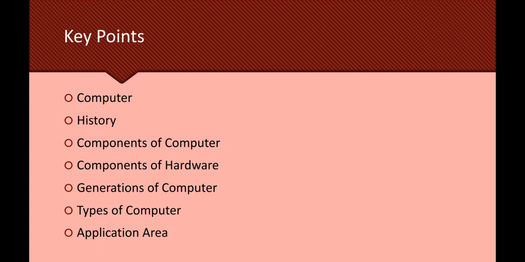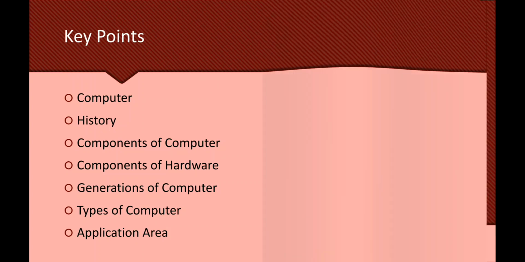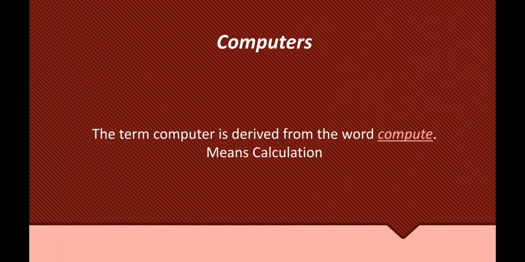So the first topic is the computer. Humans are born with intelligence, like we know that when human beings are born, they are intelligent by birth. They have the brain, they have the IQ, they can think, they can take decisions, they have the ability to find out right and wrong things.